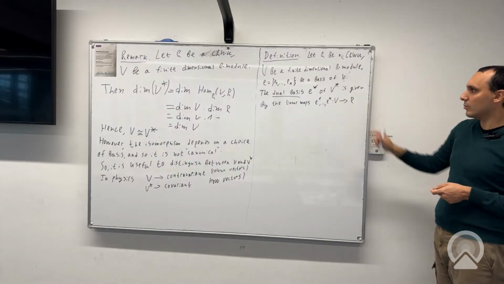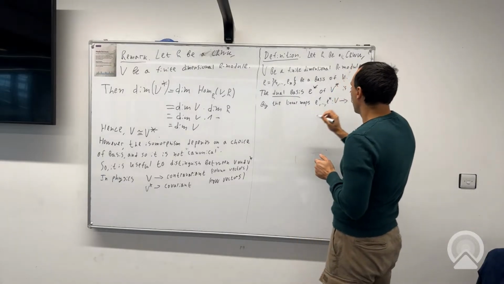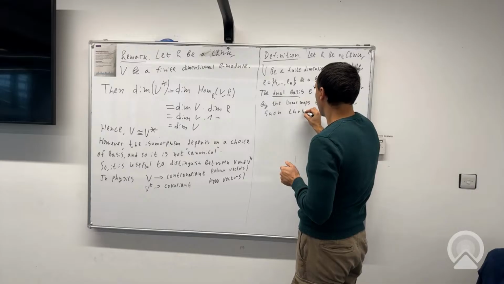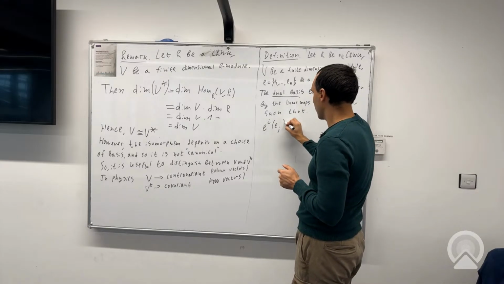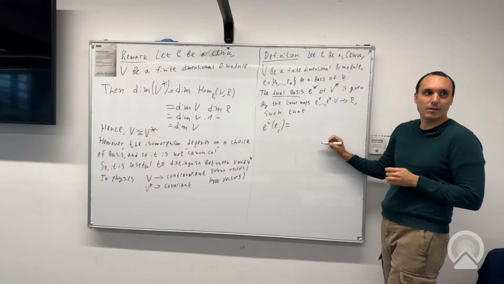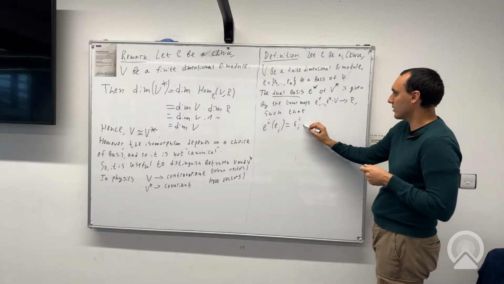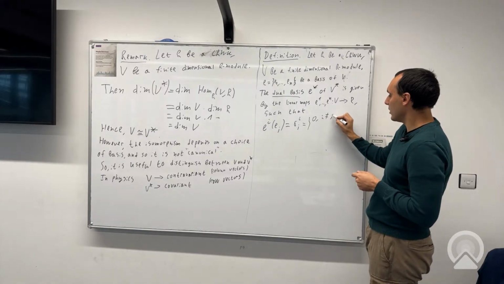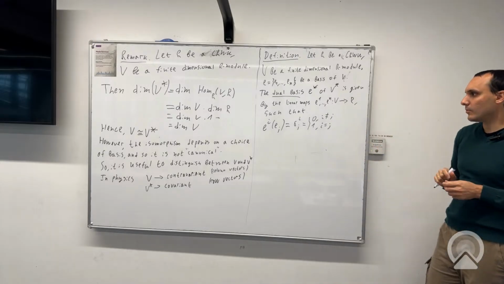They are functions from V to the base ring, such that e^i of e_j is the Kronecker symbol. So this is 0 if i doesn't equal j and 1 if i equals j.